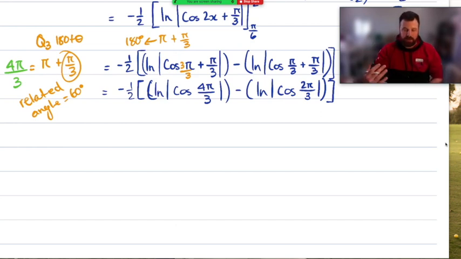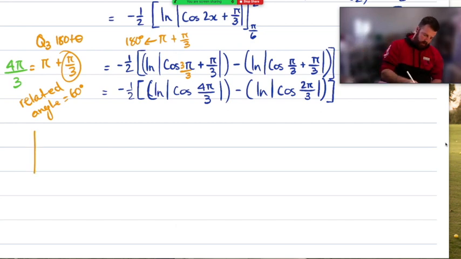And what do we know about 60 degrees and pi over 3? Exact ratios, looking at my triangle.